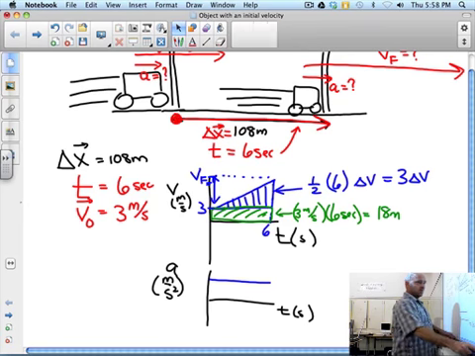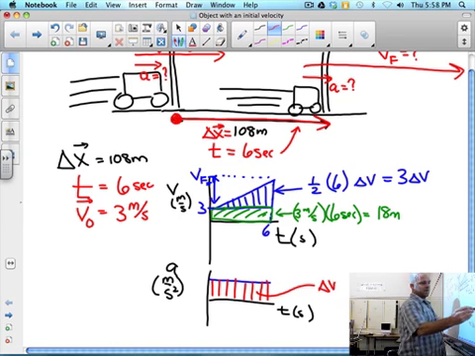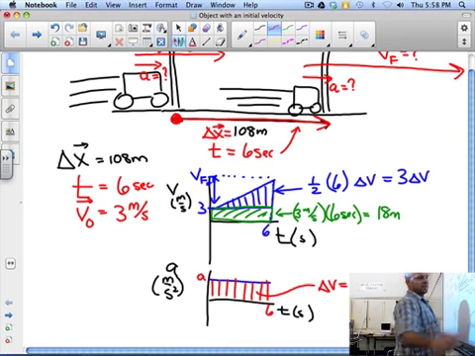And this area is my change in velocity. And that's going to be calculated by whatever my acceleration is, I'll call it A, times 6 seconds. So 6A is my change in velocity.